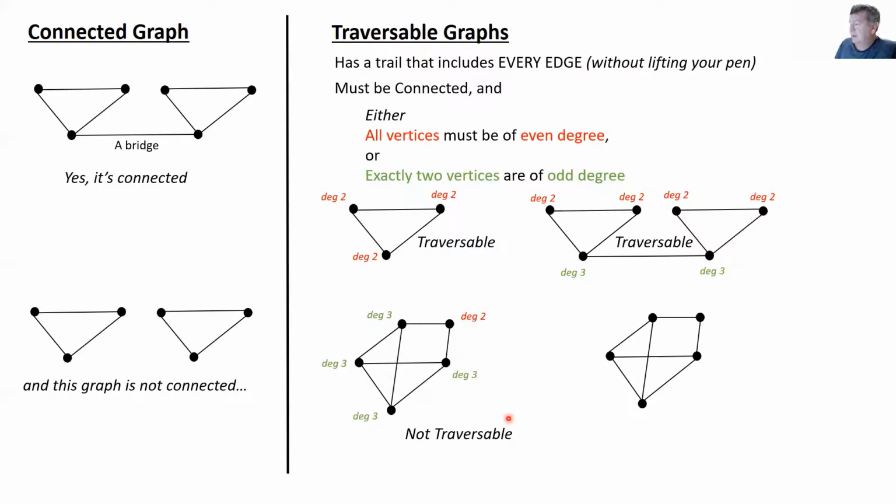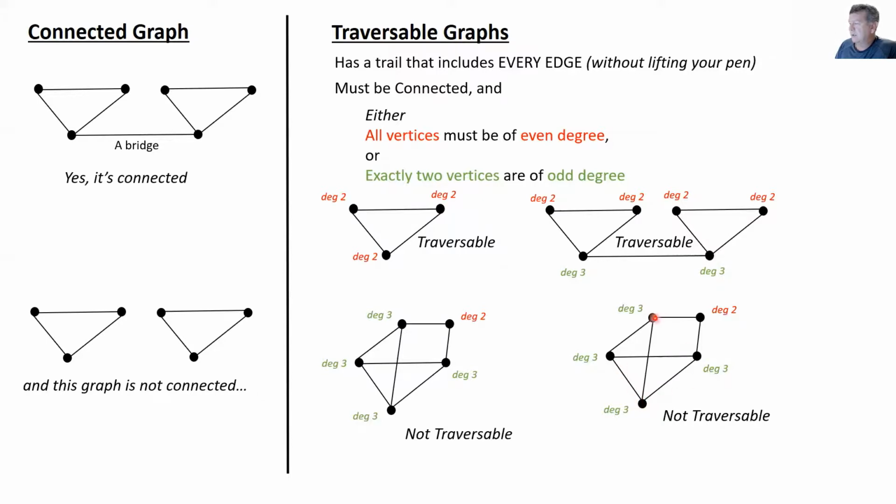Let's have a look at this one over here. Same thing, but the type of question you might be asked is, what could we do to that network that makes it traversable? Pretty typical question. Well, obviously we only want 2 vertices that are odd degree. So we've got 2 down there.